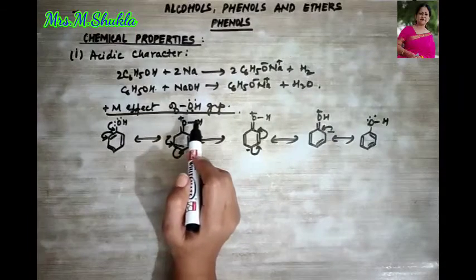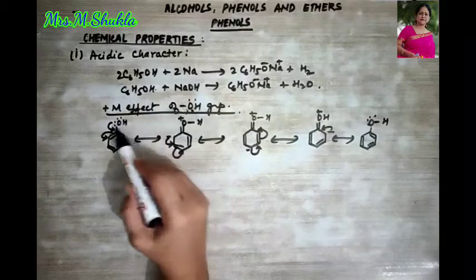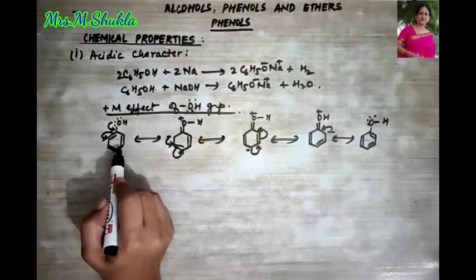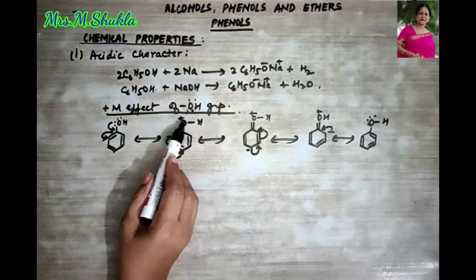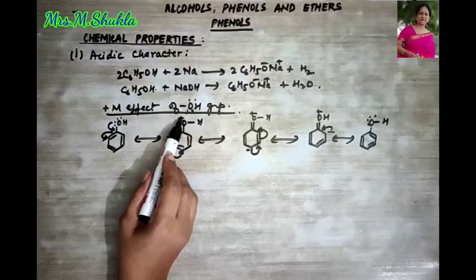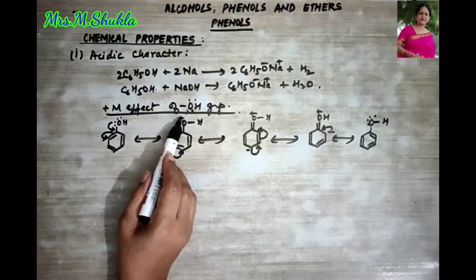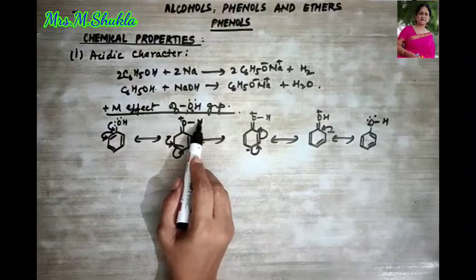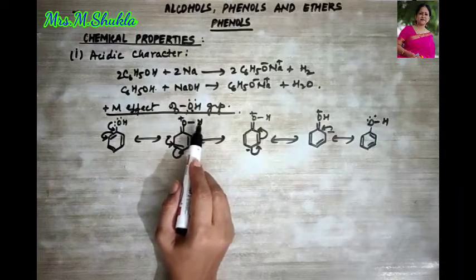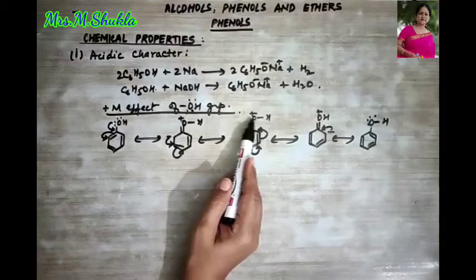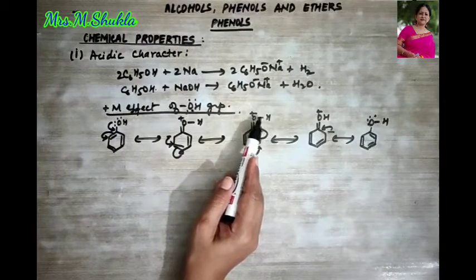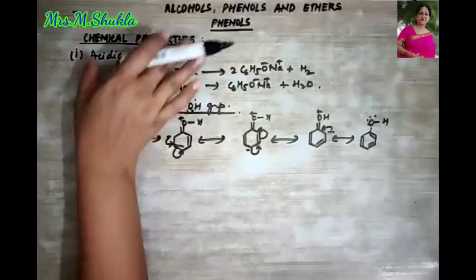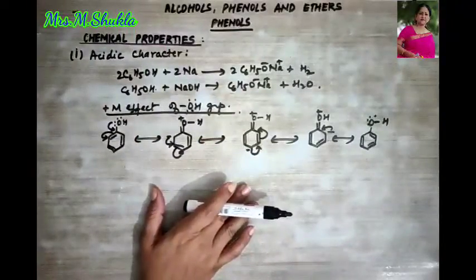What did I explain over here? That the lone pair of this oxygen enters into delocalization with the benzene ring, and what happens to the oxygen? It attains a positive charge over here, and due to this it reduces its hold over the hydrogen of the OH group, and thus this causes the weakening of the OH group, and the removal of hydrogen as a proton takes place over here. So this explains the acidic character of phenols.